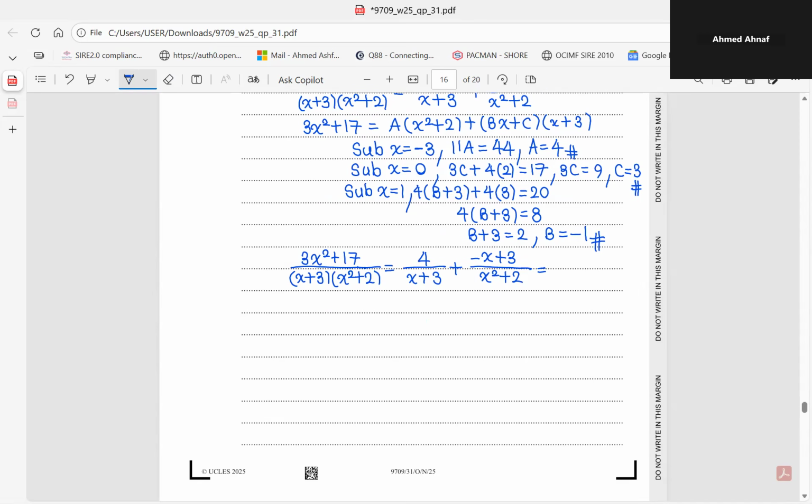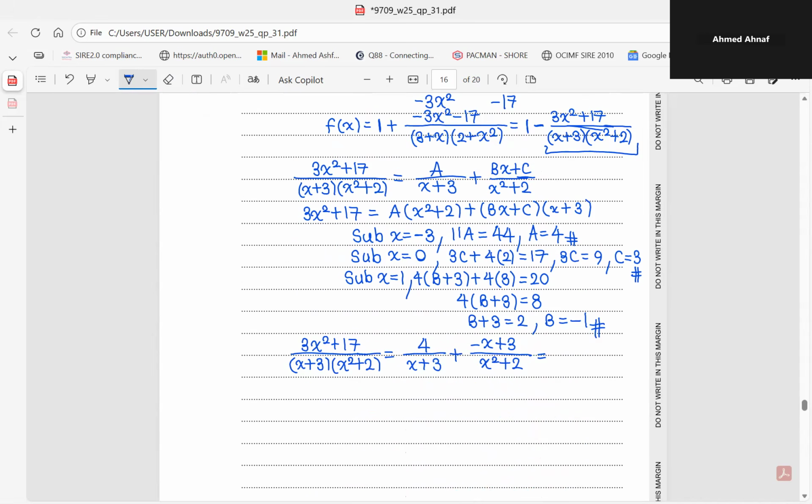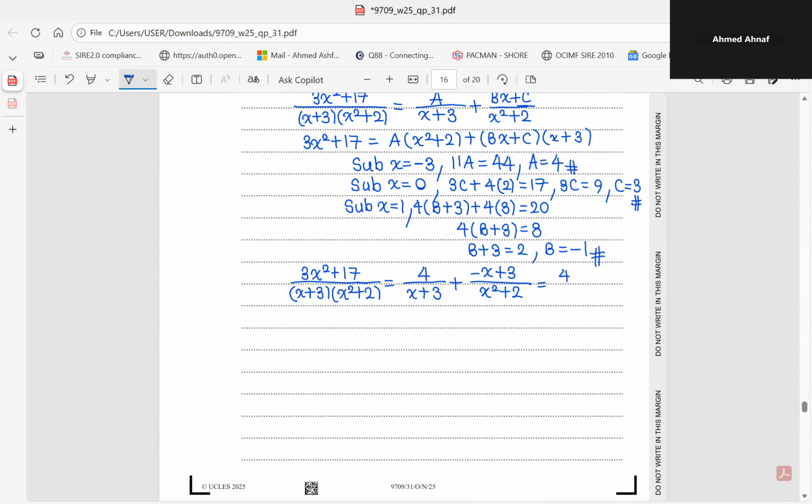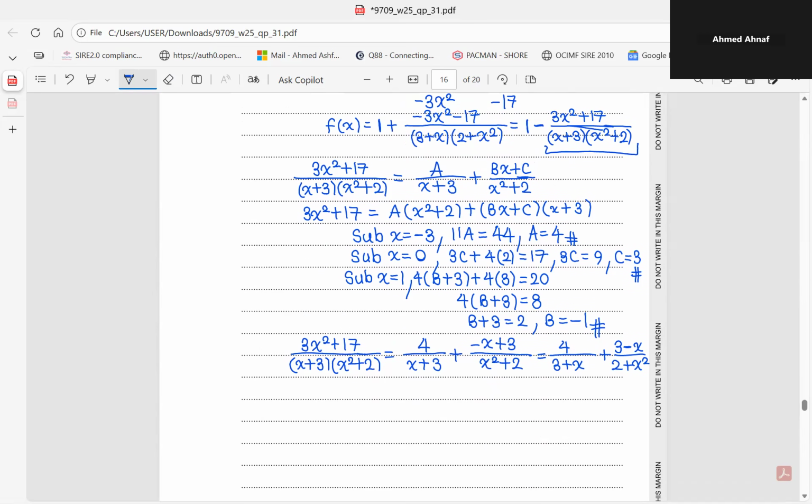So this would just be, I'm just going to rearrange, just going to swap it. So 4 over 3 plus x plus (3 minus x) over (2 plus x squared). So yeah, this is it.